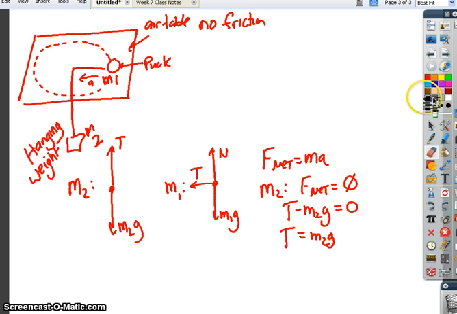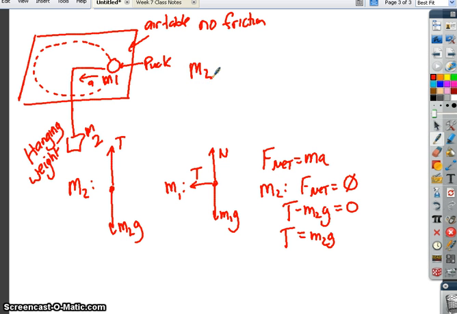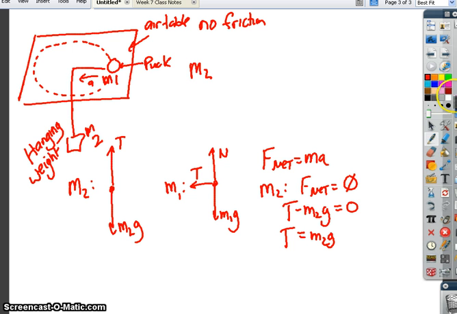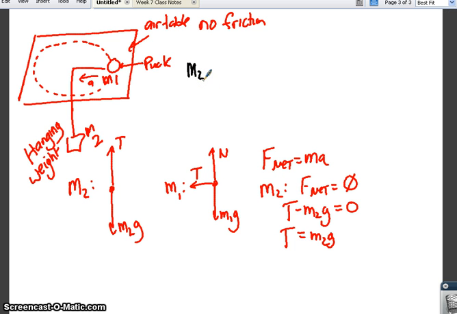Sorry about that. If we look at M1, for F net equals ma, F net equals mv squared over r, and the only force causing it to accelerate is tension, because tension is the one pointing to the center.